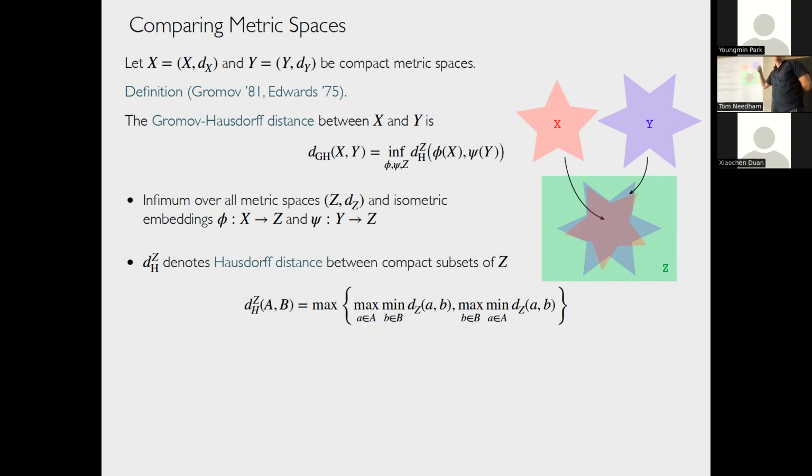I get a number, which is some reasonable notion of the difference between X and Y. But then you say, where did that space Z come from? How am I embedding these abstract metric spaces into some Z? The point is I infimize over all possible embeddings. I don't know if everyone's familiar with this, but it's a totally wild idea when you first see it. I'm doing this optimization problem where the space I'm optimizing over is all metric spaces.